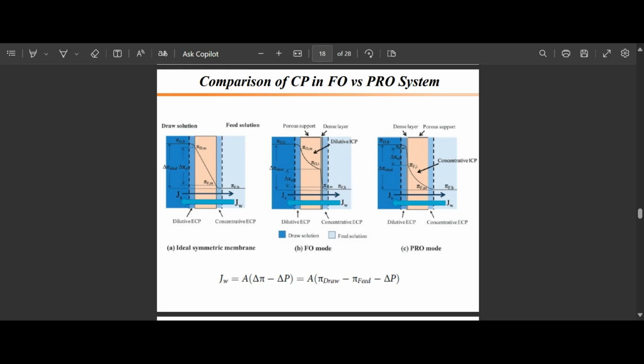PRO, all directions and principles are the same, except only one thing: applying the pressure to the draw solution side. I give you the answer first. PRO should not be designed for water production. It should be used for energy.